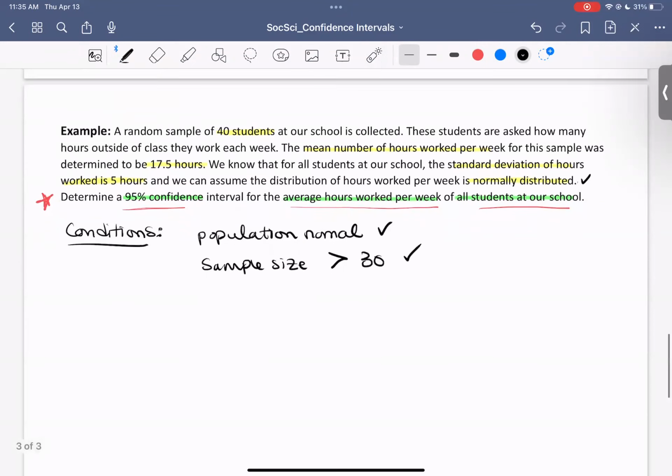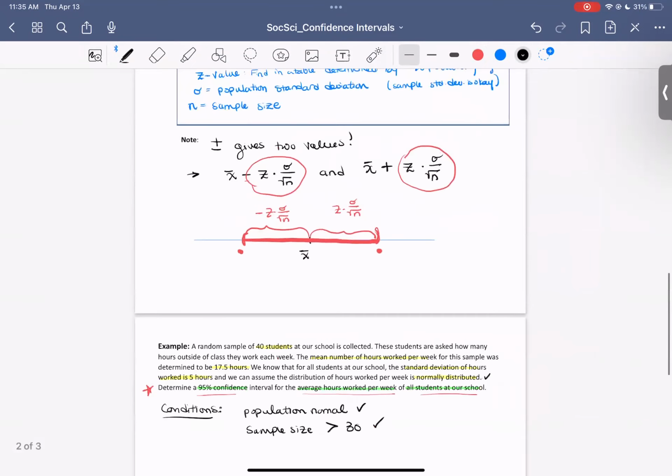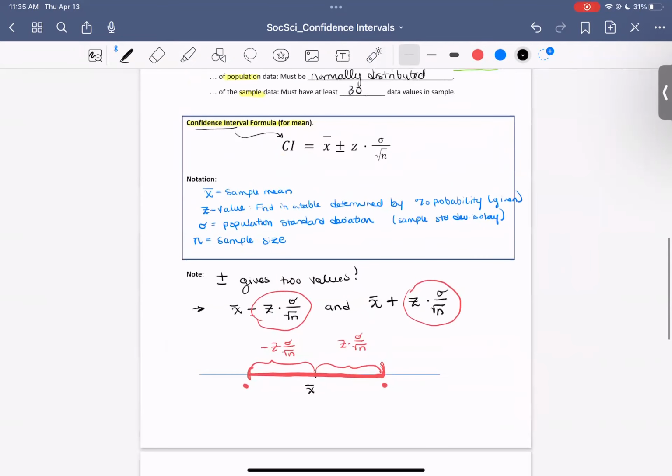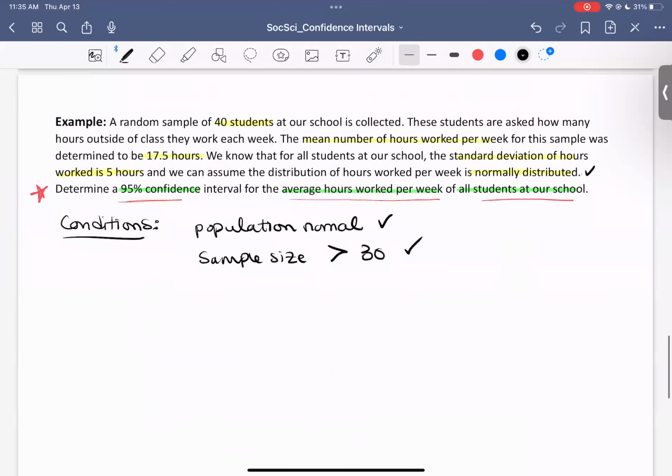So now let's consider the information that we're given. Let's write it out using the notation that we see in our formula for the confidence interval calculation. So what are we given here? Well, 40 students are in our sample, so that's N. We're told that the average value for the sample is 17.5, so that's X bar.